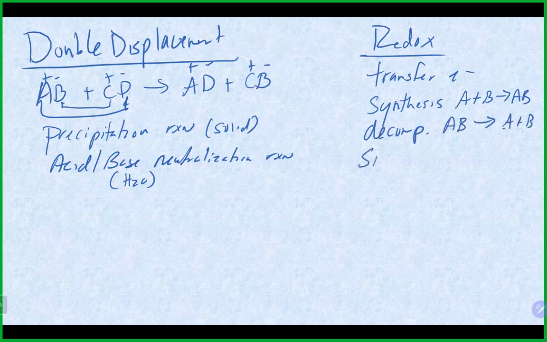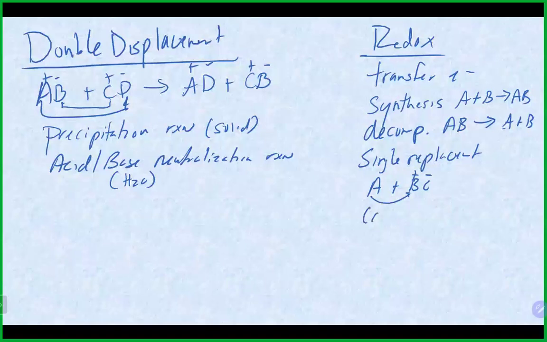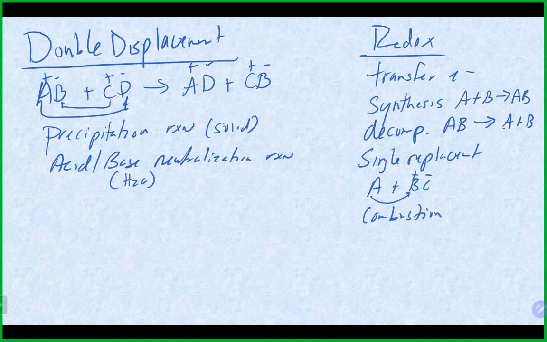We have our single replacement reaction, which is one element plus an ionic compound, where it comes in. And we have our combustion reaction. Those are more specific classifications of the broader classification of redox. Any questions on any of those classifications? All right, that's chapter 7, I think.